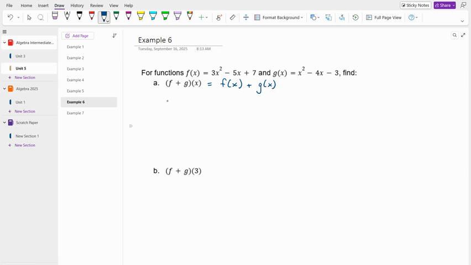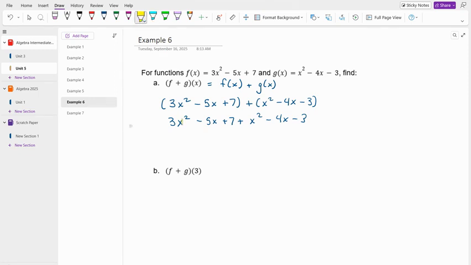Okay, so we're going to have 3x squared minus 5x plus 7. And then to that, we're going to add g of x, which is x squared minus 4x minus 3. We can remove the parentheses because this is an addition sign, so it's super straightforward. So we have 3x squared minus 5x plus 7 plus x squared minus 4x minus 3.